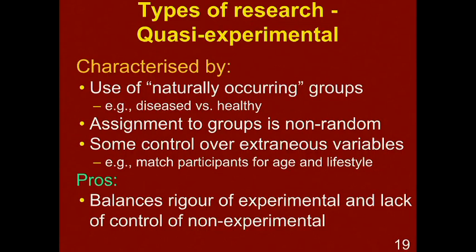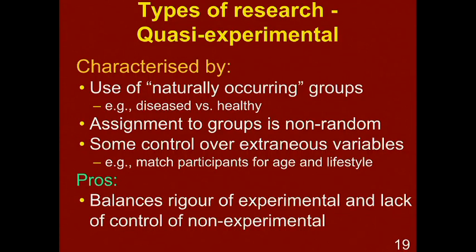So if you'd like to do experimental, but because of costs, because of ethics, because you want to be in naturally occurring environments, perhaps you would do quasi-experimental. This is where, as the researcher, you go out into the big wide world and find the groups of people that you want to compare.